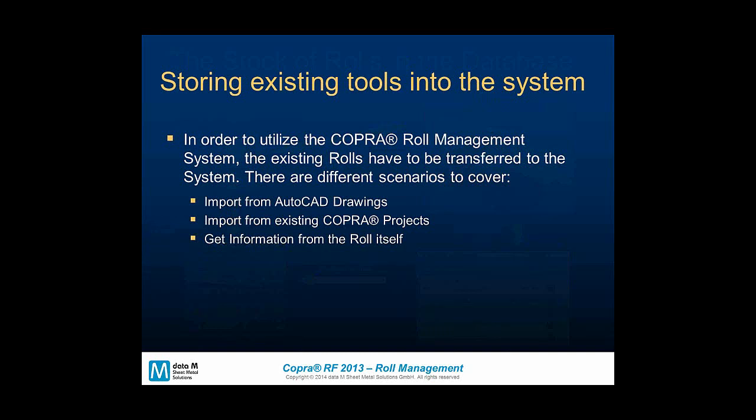And we can also import from existing COPRA projects. So if we have a series of projects we would like to add these rolls to the database, we can do. And of course we can obtain the information directly from the roll itself. We're going to be looking at those three scenarios now.